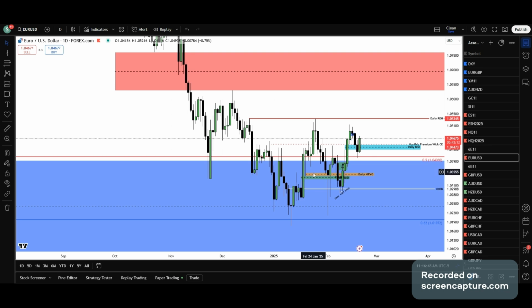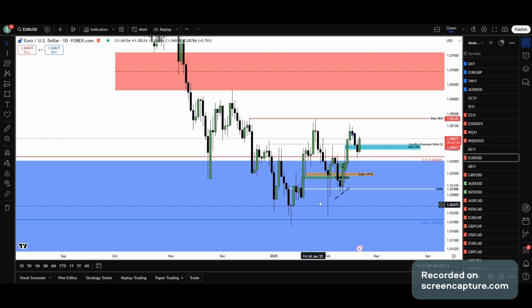As for the pathway price takes before it gets there, we have to gauge a lot of different things. All of our time frames have to point in the direction of my bullish narrative in order for me to take a long, and that's what I watch for in daily structure.